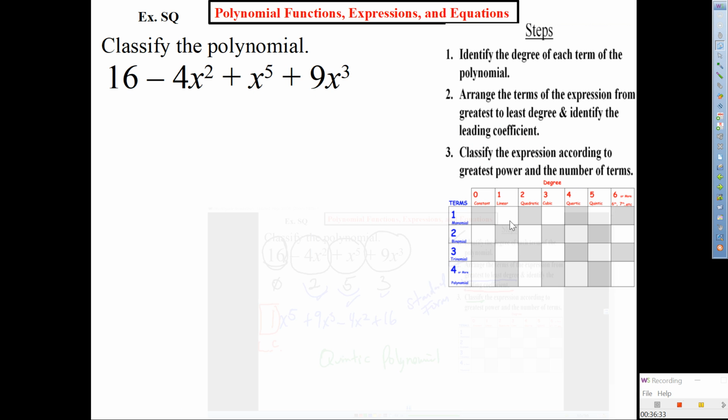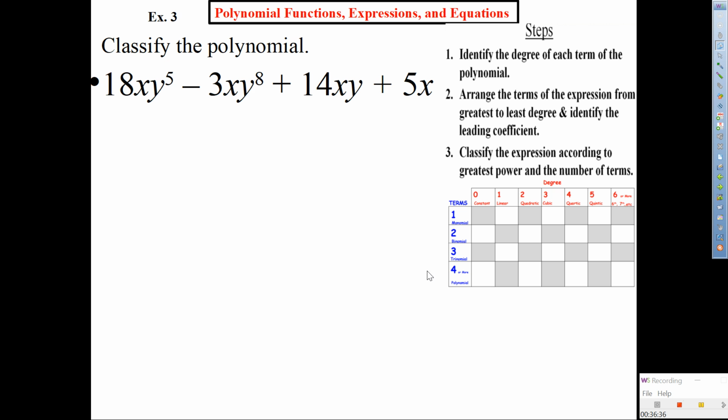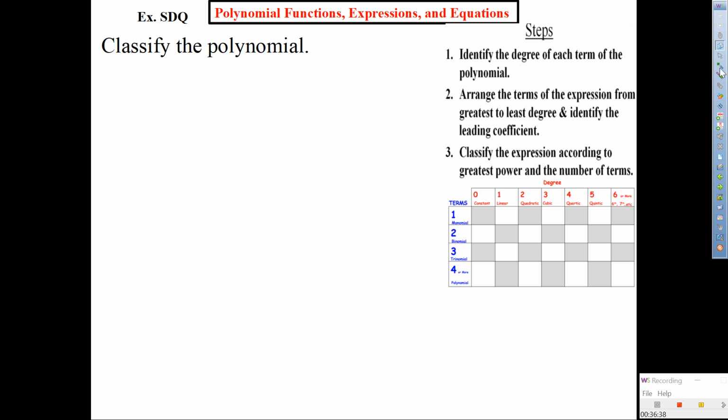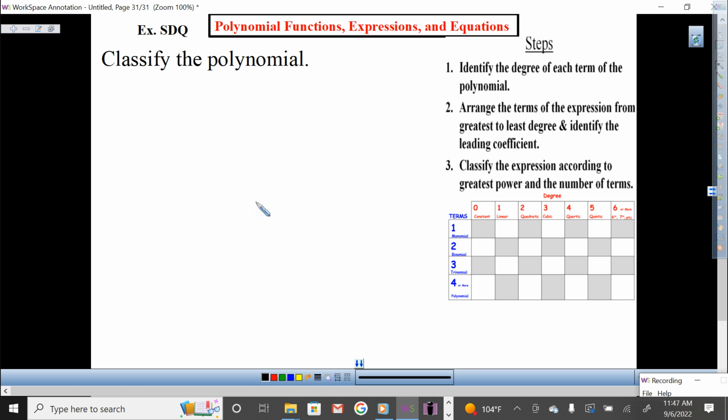Example, let's go to super duper cube. Example super duper cube. Copy this, please. Here he goes. Let's do 5ab squared c minus, give me a number, 23 Michael Jordan.